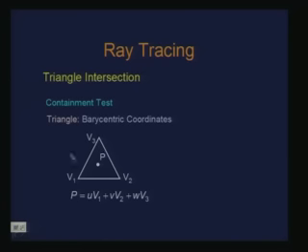We would like to represent this point P in terms of the vertices of the triangle. The way it is done is we use what are called barycentric coordinates. Barycentric coordinates give you a desirable combination of the parameters u, v, w, or the weights, which you can use for the various vertices.